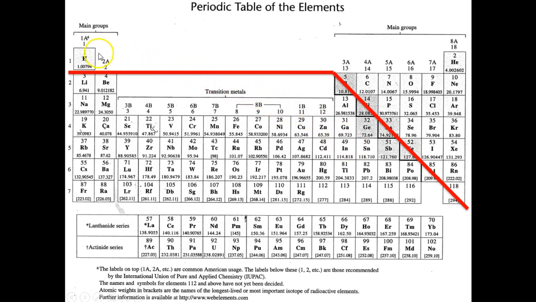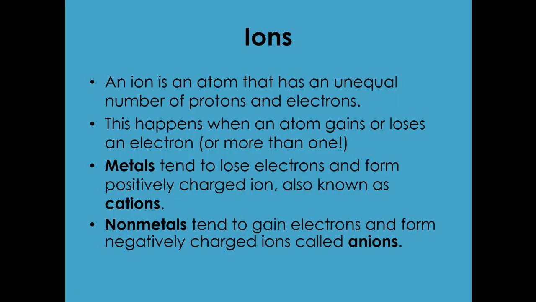Meanwhile, the nonmetals are hydrogen, carbon, nitrogen, oxygen, fluorine, phosphorus, sulfur, chlorine, bromine, iodine, and the noble gases. And that's how you distinguish on the periodic table between a metal and a nonmetal.